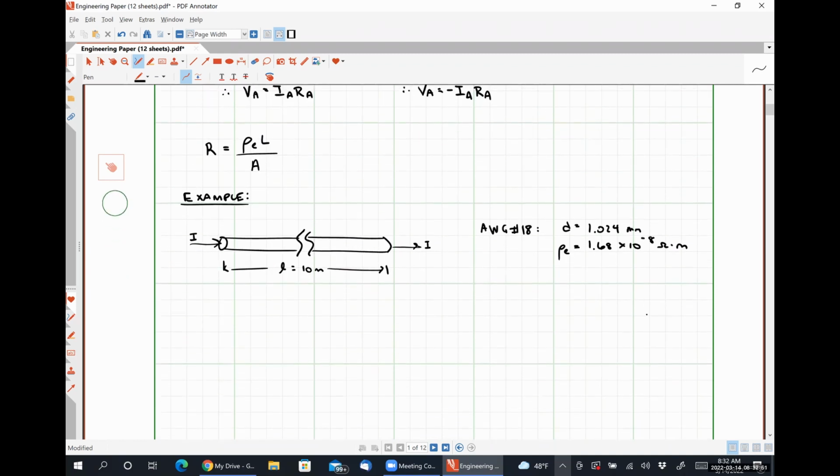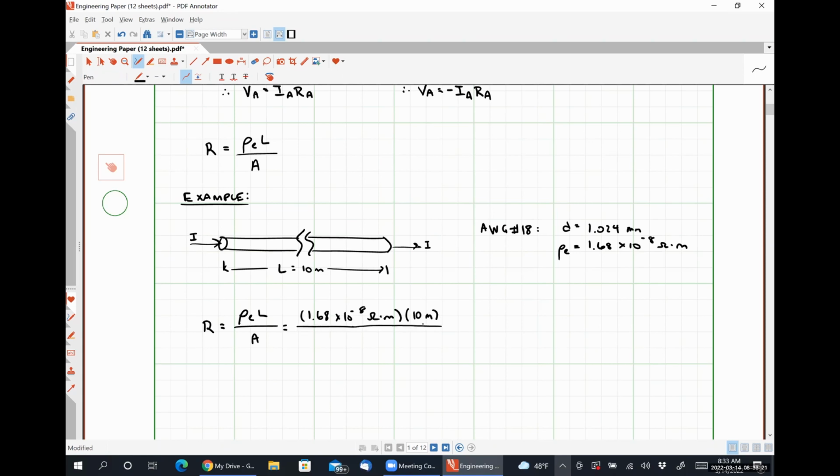So if we substitute in our values, the resistance of this long piece of wire is going to be rho times L over A, which looks like 1.68 times 10 to the minus 8 ohm meters times 10 meters.